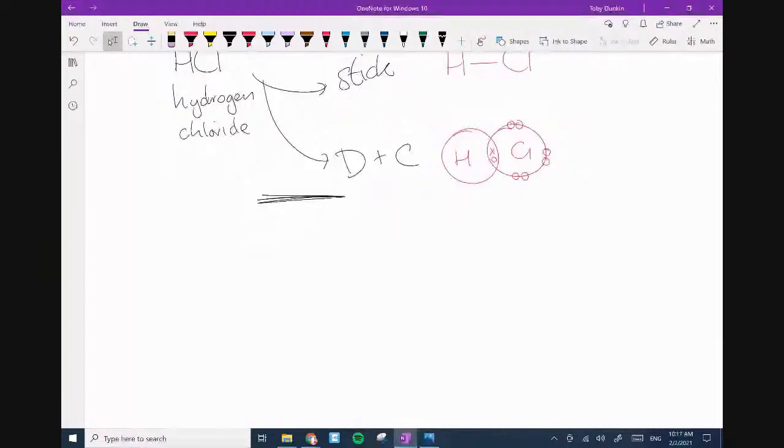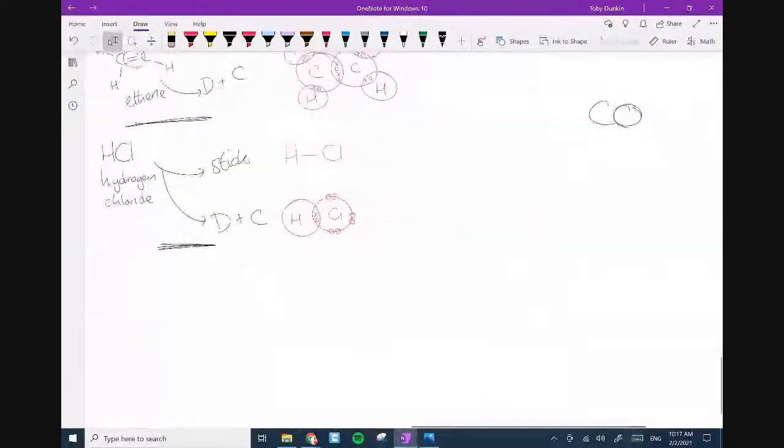So they've all got 8 electrons. How many bonds are between carbon and oxygen, Zaina? Yes, there are 3 lines.